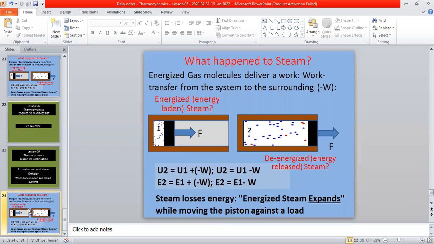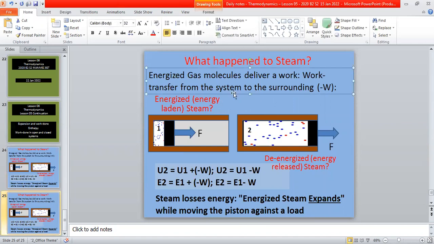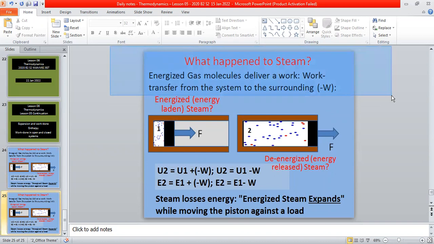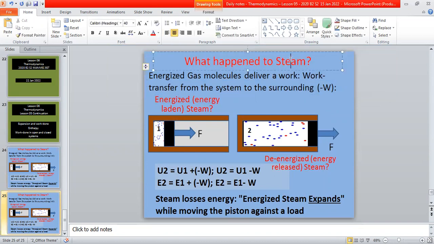In the same way, let's say this is an IC engine, the power stroke. Let's say a petrol engine, you know better, or a diesel engine.